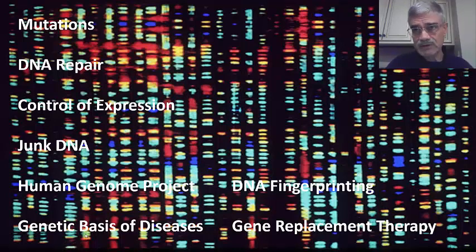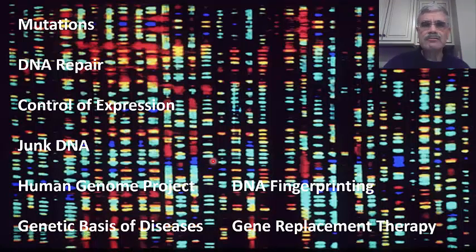Some genetic diseases, for example, are cystic fibrosis, sickle cell anemia, color blindness, Tay-Sachs disease, Down syndrome, and PKU. These are some rather well-known genetic diseases, and in many cases, scientists are determining exactly what the genetic basis is for these diseases. Sickle cell anemia was one of the ones that was understood very early on. It's due to a mutation in a single place in hemoglobin.